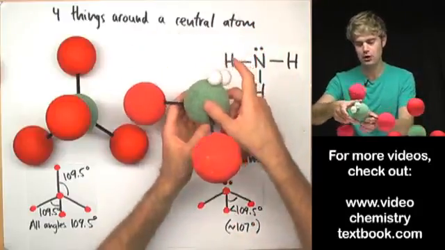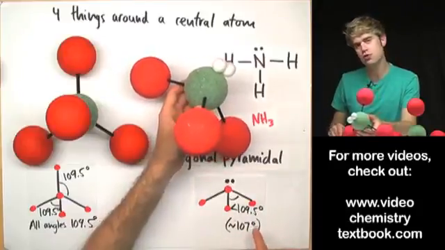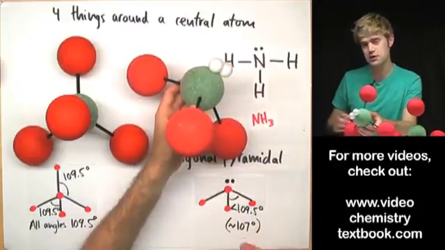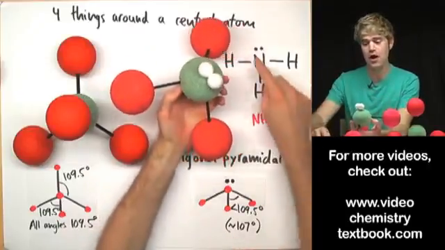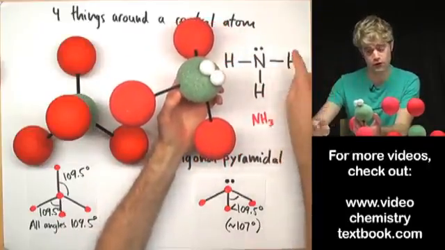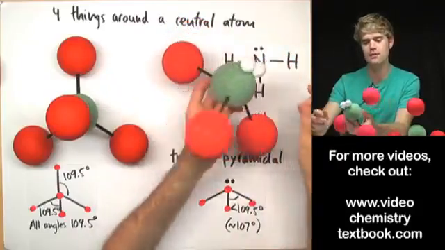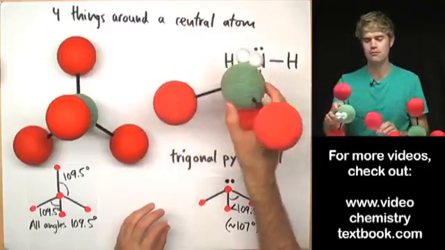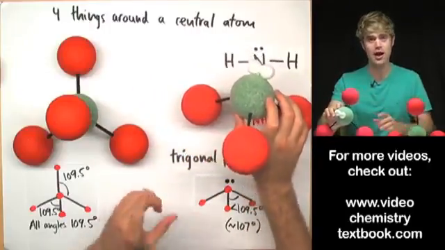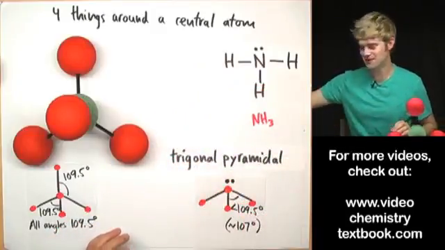For a trigonal pyramidal molecule like NH3, the bond angle is more like 107 degrees, a little less than 109.5 degrees. So if you have 4 things around a central atom, but 3 of them are bonds and 1 of them is a lone electron pair, you end up with a shape that's called trigonal pyramidal that looks like this. Okay, one more example and then we're done with the VSEPR video.